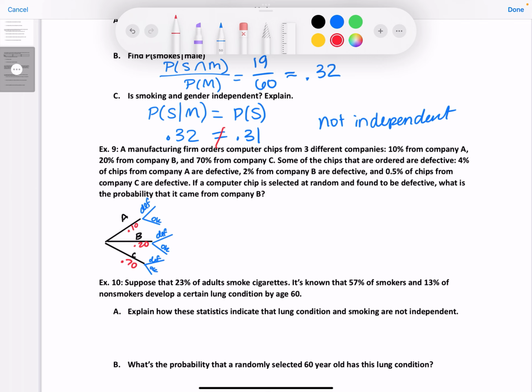For the defective ones for A, that was 4%, so 0.04, meaning that the rest of them are okay, so that would be 96% or 0.96. B had 2% defective, so 0.02, meaning that 0.98 were okay. And then C would be defective 0.005 and okay would be 0.995.